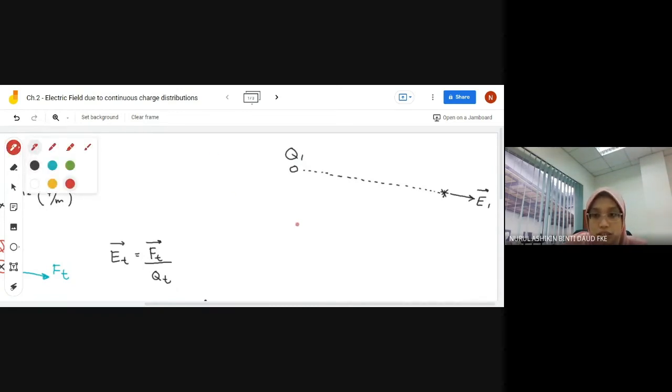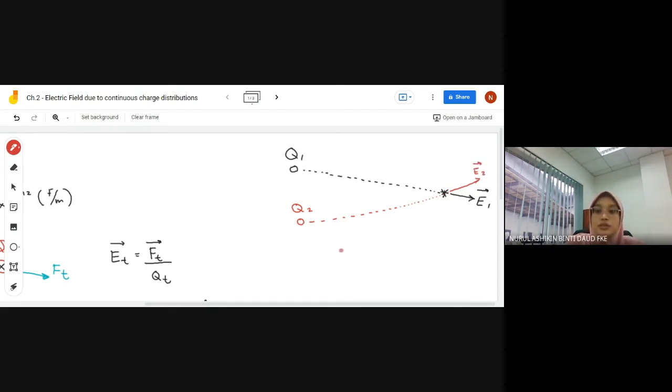All right, so let's say that we have another point charge, which is Q2, and the electric field same as Q1, which is located here. So what we're going to do is we'll make another line direction, and this is the direction of E2.